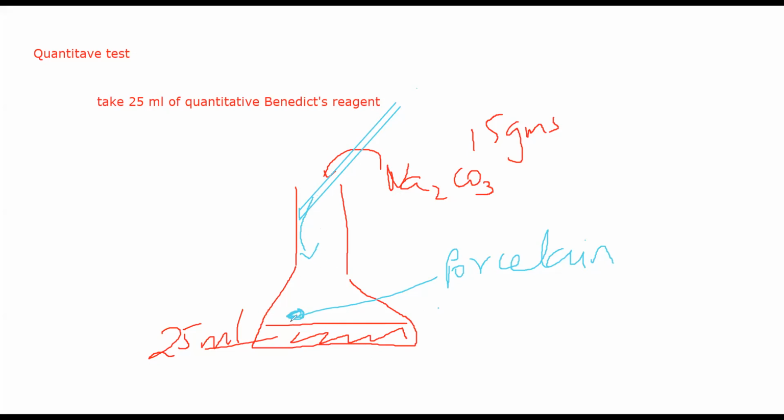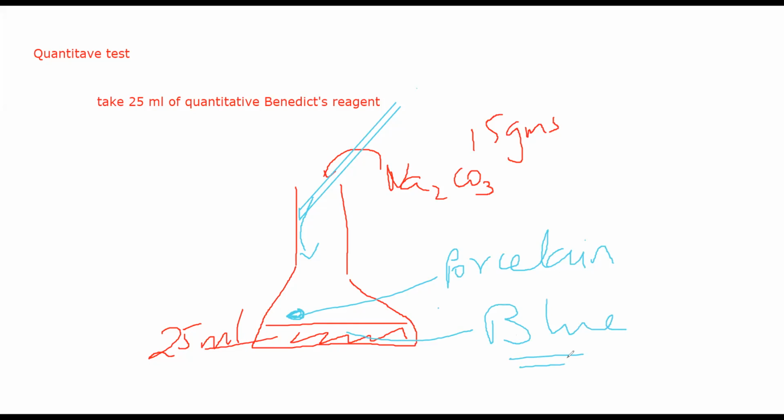Once you have heated this and you start putting urine, at one point of time, as you keep putting more and more drops of urine, you will start seeing that this solution will turn blue. Okay. Once it is turning blue, stop and note down how much amount of urine was required to turn this solution into blue.